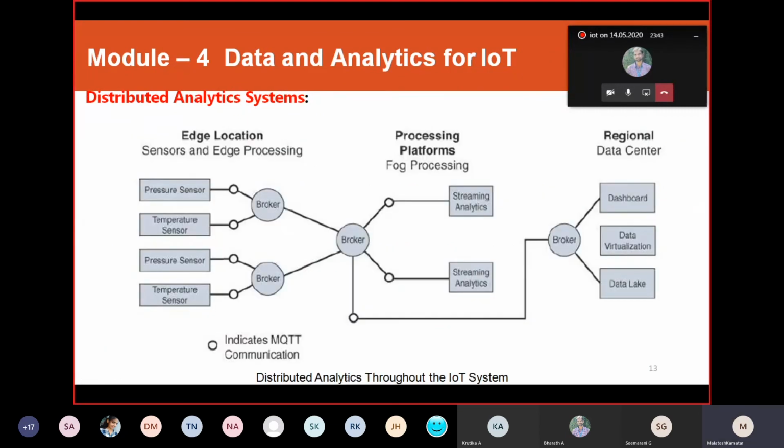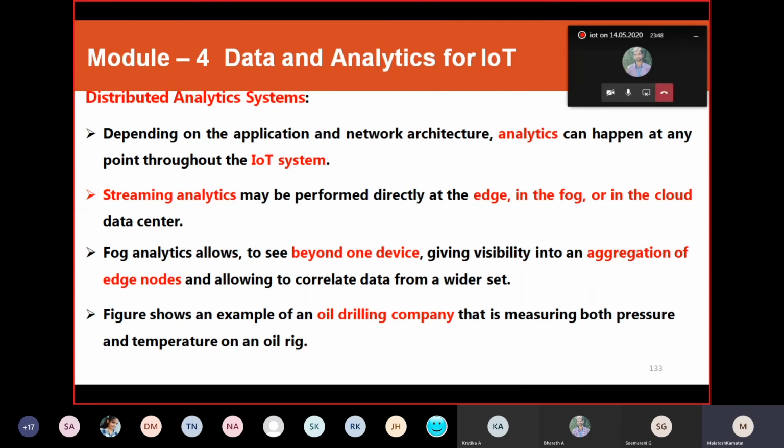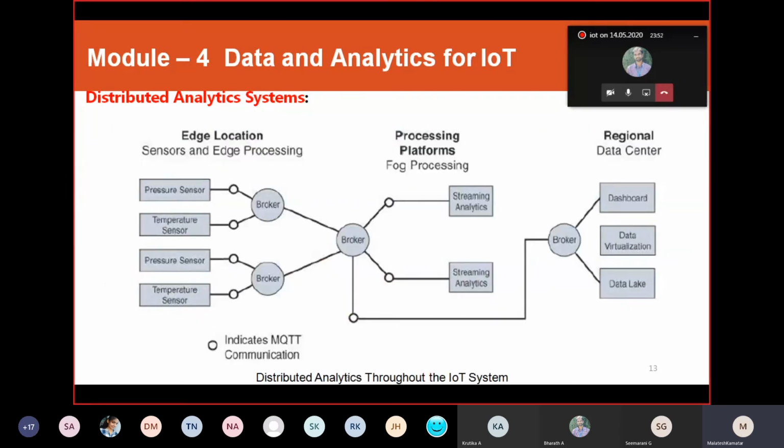We can see here distributed analytics through the IoT system, which I have discussed, streaming analytics. Let's see here, edge location processing platforms and regional data centers. Look here, the different sensors are attached, and brokers will collect the values of various sensors.